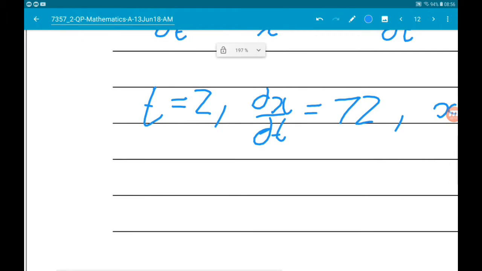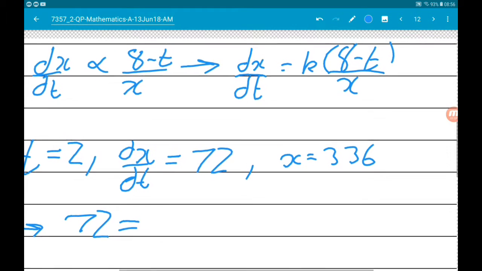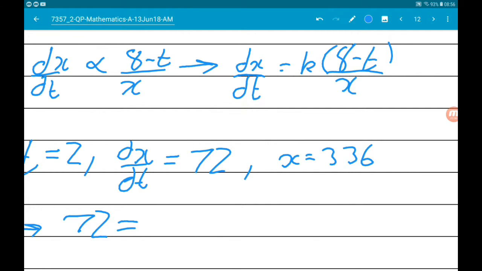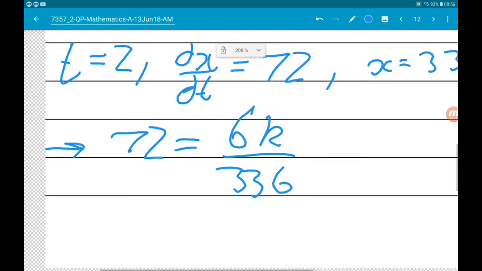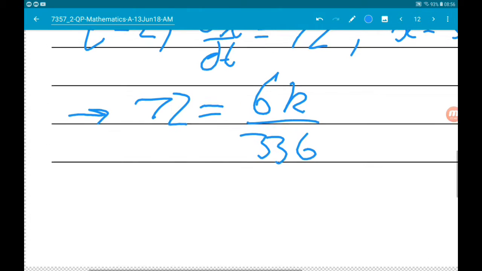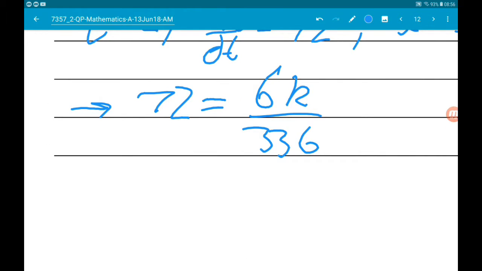So we get dx by dt is 72. That is equal to k times (8 minus 2), so that's 6k, over 336. Now 6 over 336 is 1 over 56, so 72 is k over 56.